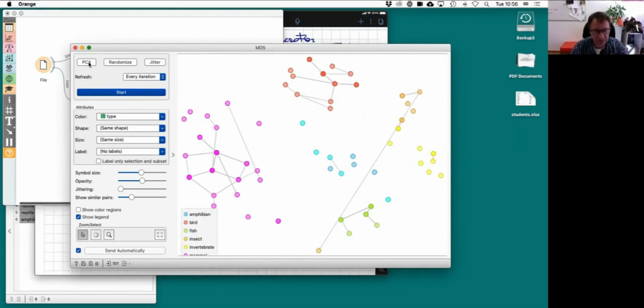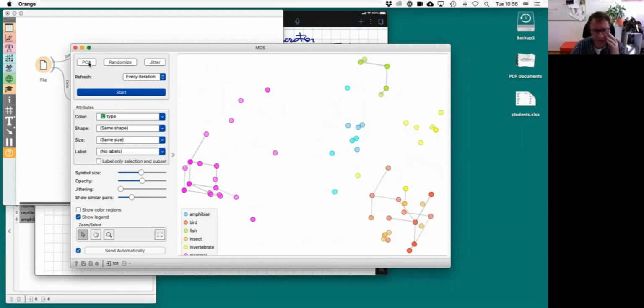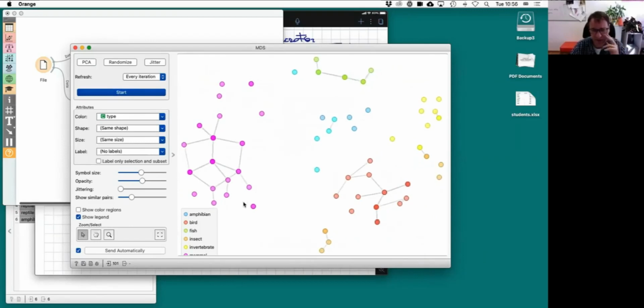Because you would like to run it such that this becomes deterministic, you usually start with the PCA. So this is the PCA, and then you start applying the MDS, and you see that it slightly changes. So it's not too far away from the PCA.